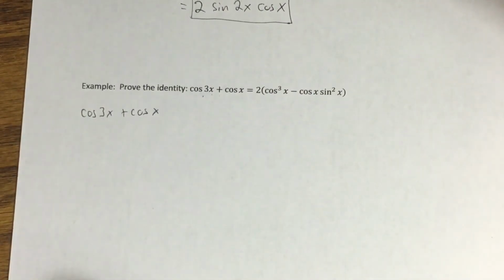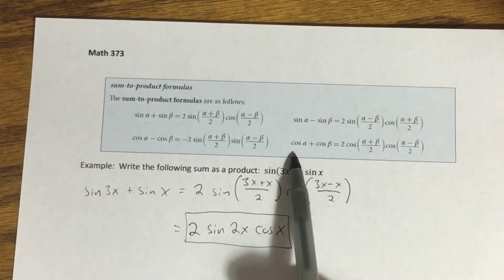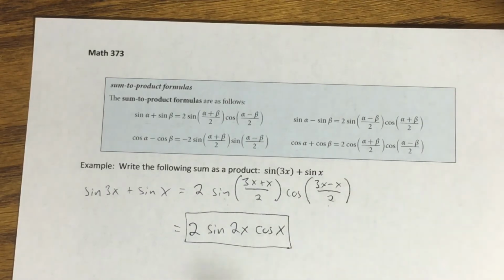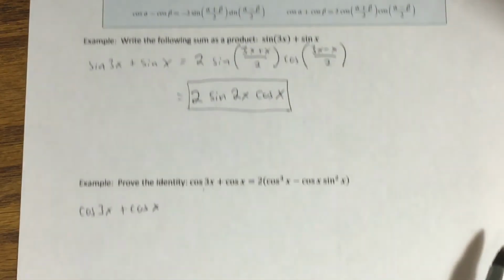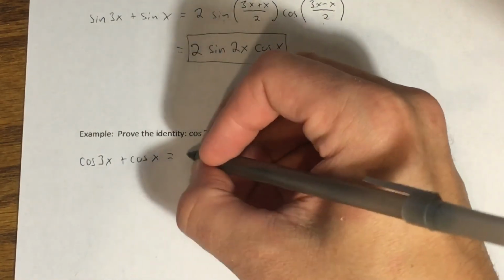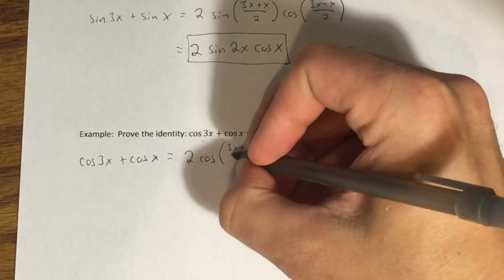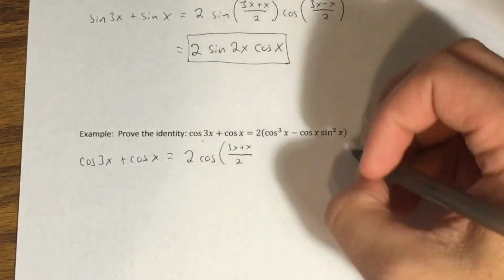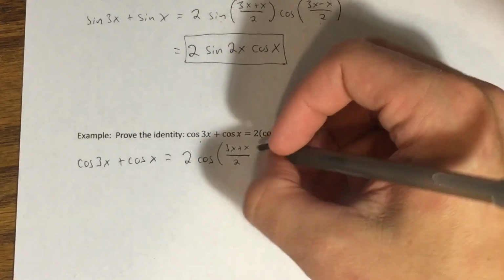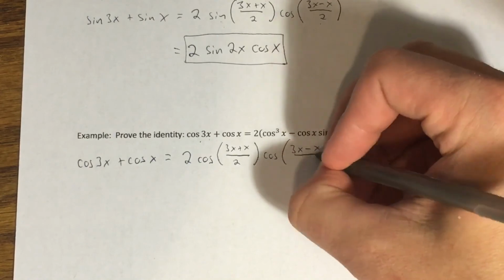I'm going to start with my left-hand side because it looks like a sum of cosines with different angles, which matches this form right here. Cosine of alpha plus cosine of beta equals all that. So I'm going to use the right-hand side here. According to that identity, this is equal to 2 cosine of alpha plus beta, again, 3x plus x over 2, times cosine of alpha minus beta, or 3x minus x over 2.